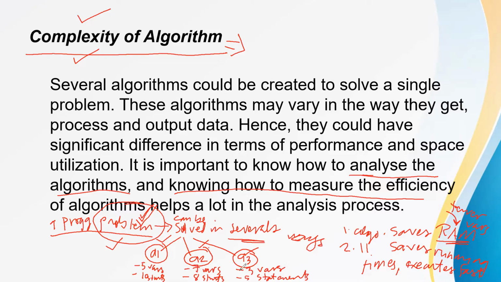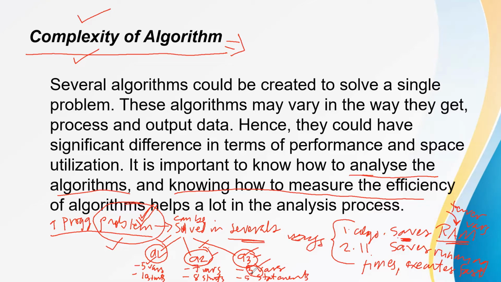So among these three algorithms, algorithm A1, A2, and A3, which do you think is the best algorithm based on these two criteria? A1, A2, or A3? I hope your answer is A3, right? This has three variables compared to A1 and A2, which have 5 and 7. So fewer variables means it saves RAM or memory space.